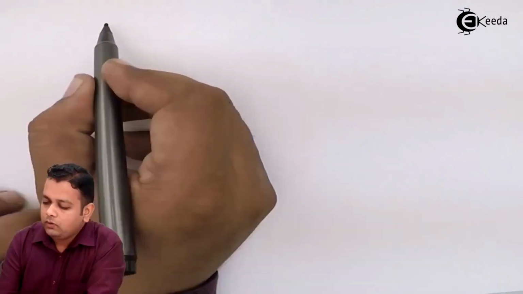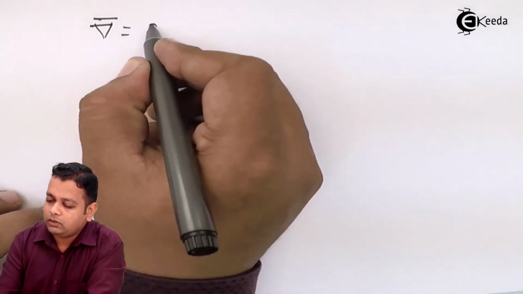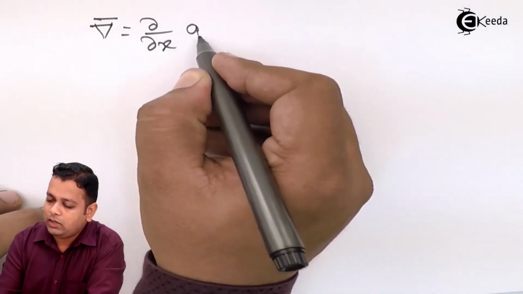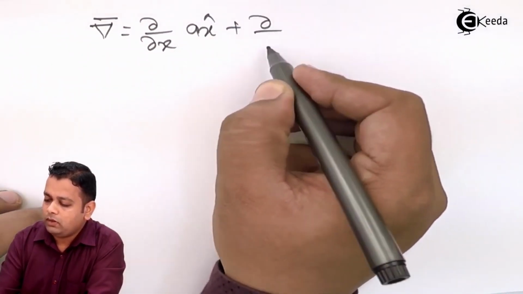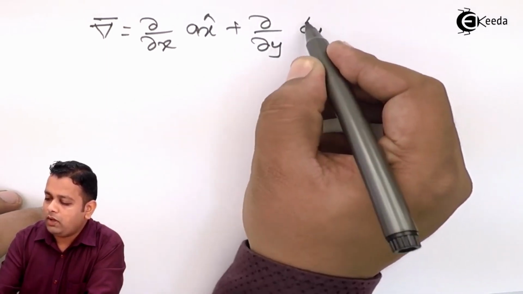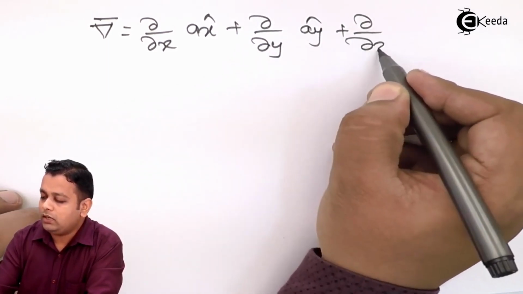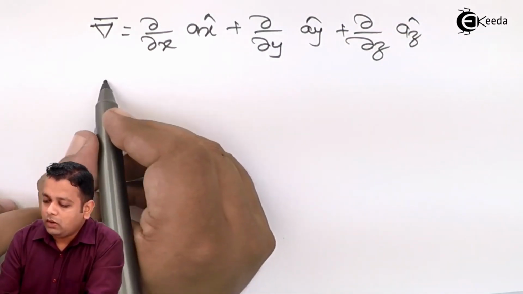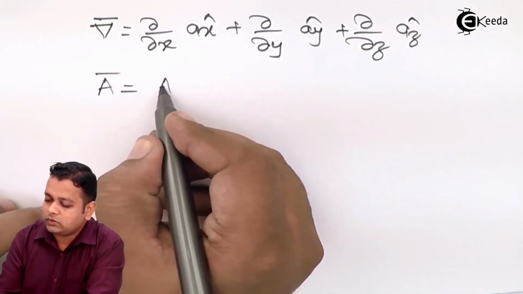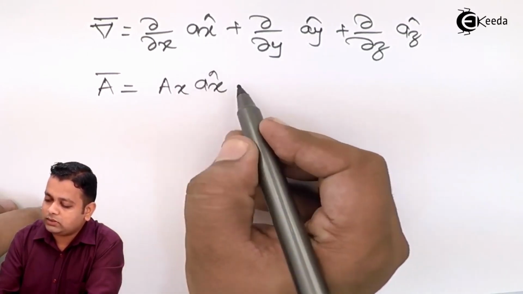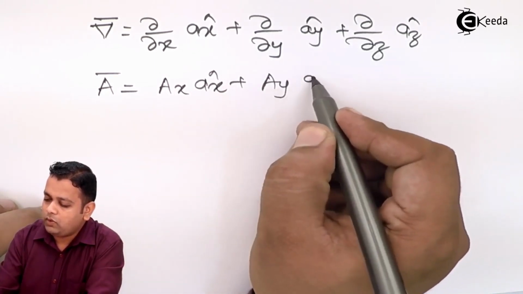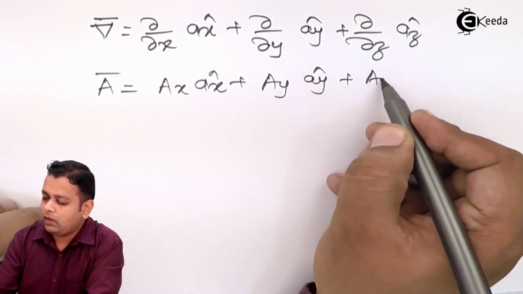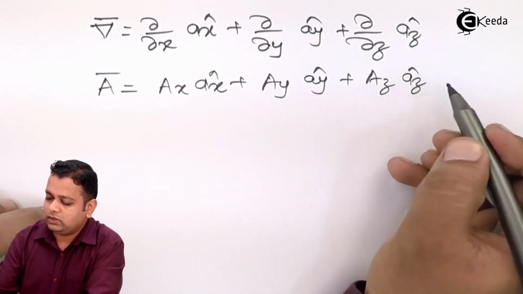So let us have a look. We know that the del operator is of the form del/del x ax cap plus del/del y ay cap plus del/del z az cap in the rectangular system. Now the vector A has this form: Ax ax cap, Ay ay cap and Az az cap.